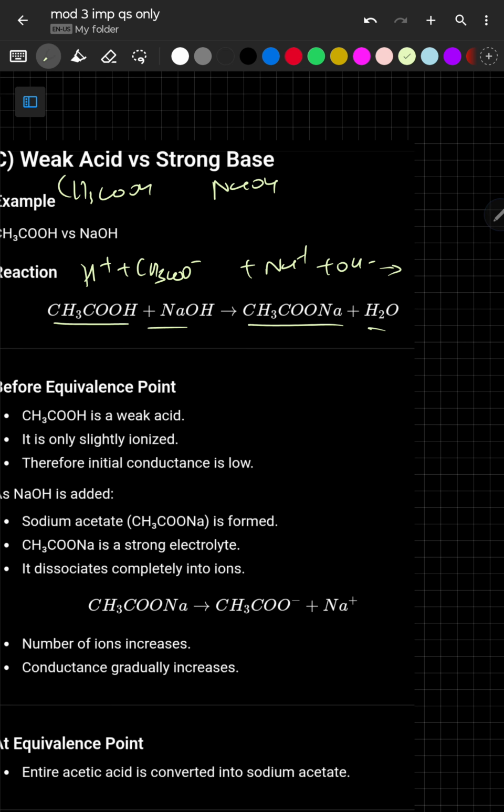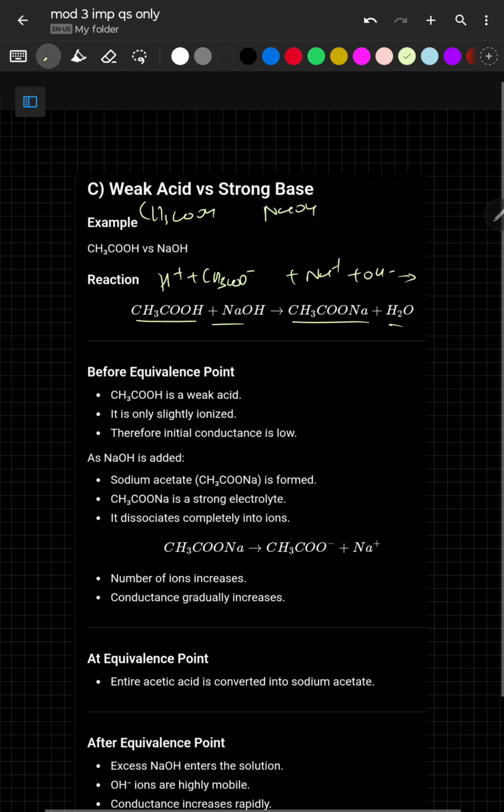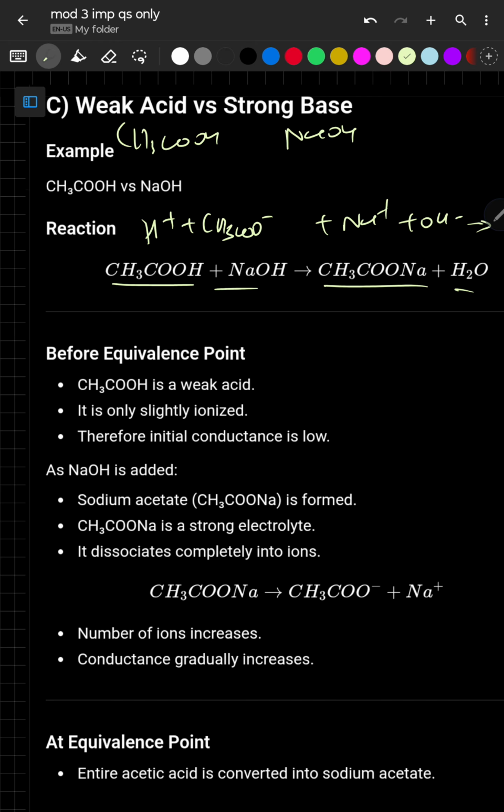So first what is happening? Initially CH3COOH is a weak acid. It only slightly ionizes, so therefore initial conductance is low.